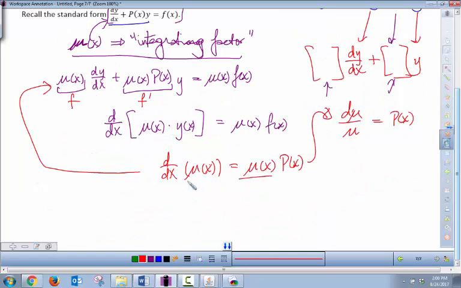So let's divide both sides by mu. And then I have the derivative of mu over mu is equal to p. Isn't that the same thing as saying the derivative of mu over mu equals p?